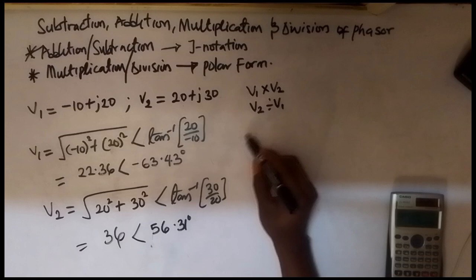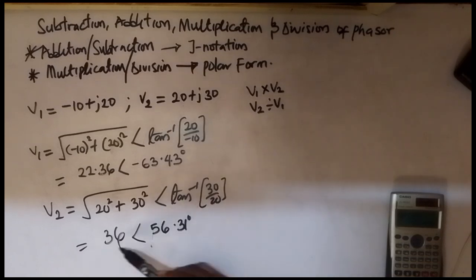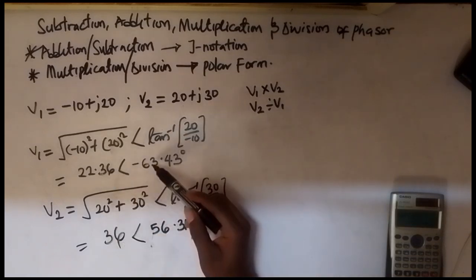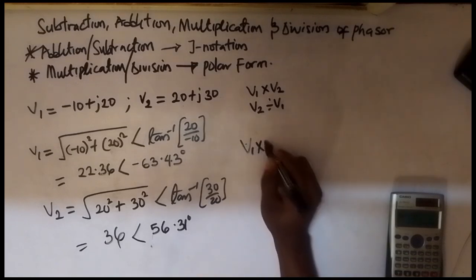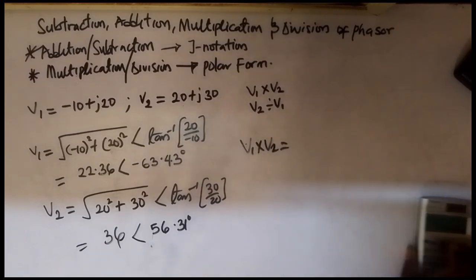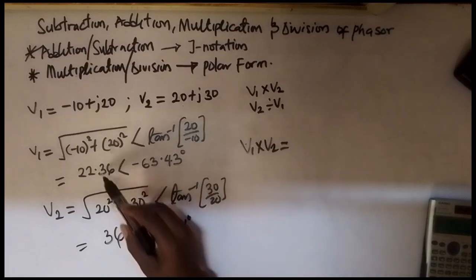To perform our multiplication, all we have to do is to multiply the magnitudes and add the angles. So in this case, for V1 multiplied by V2, we multiply this by this.